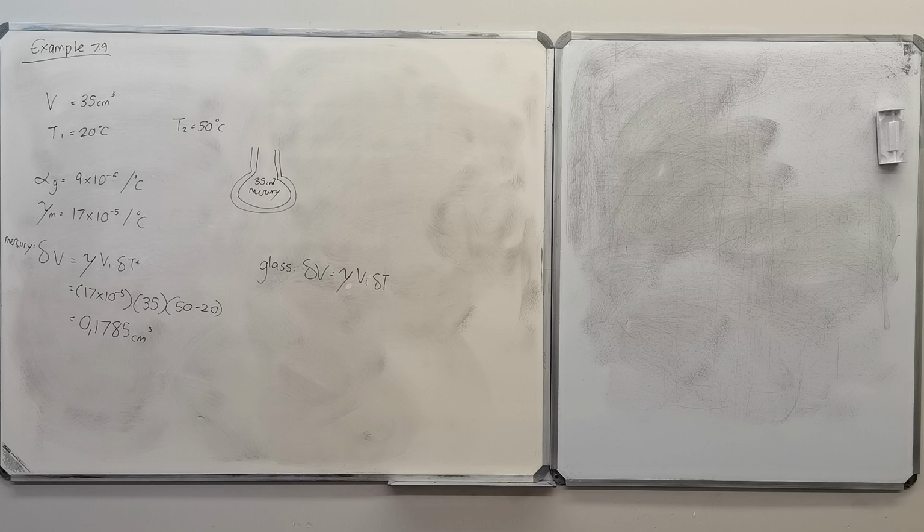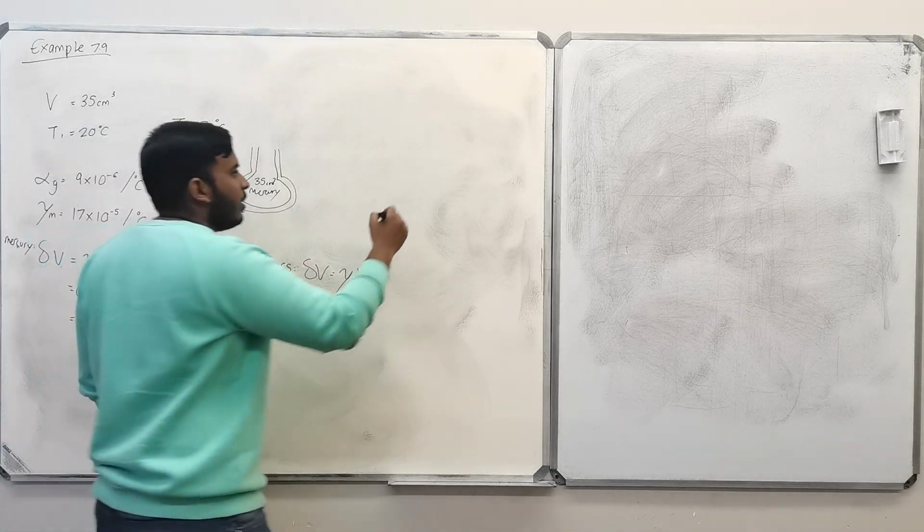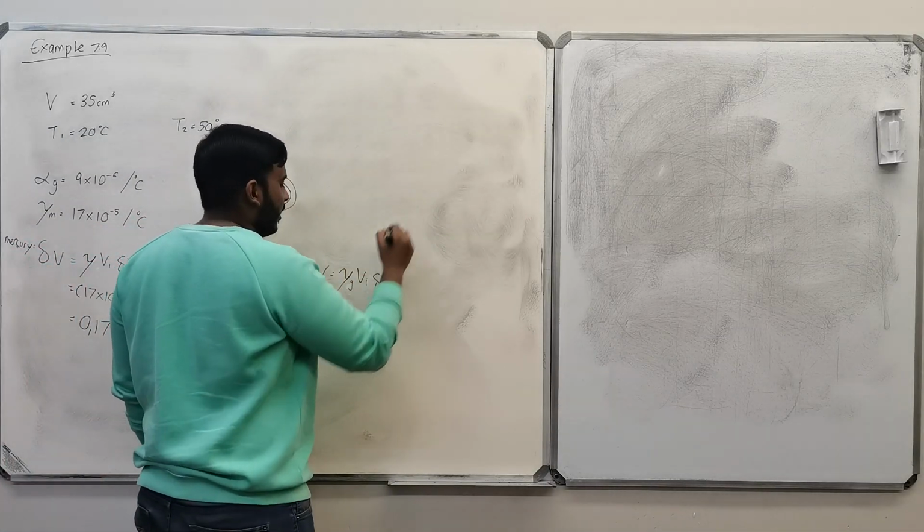How? We don't know. No, we don't. We have the linear coefficient, and for the cubic expansion, that's times 3. So we need to take this and work out this, right?